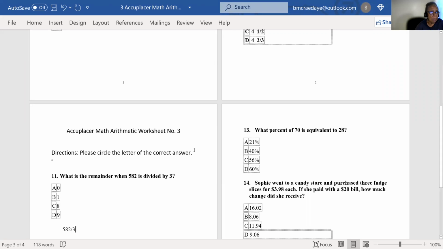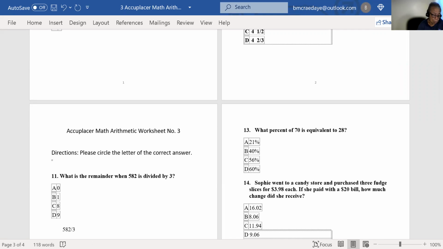So 3 into the 5 is 1 time. 3 from 5 is 2. 3 into 28 is, 8 times? 8 times 3 is 24. I'm sorry, 9 times. 9, that's 3 into 28. 9 times 3 is 27. And then you have 27 from 28 is 1, and 3 into 12 is 4 times.